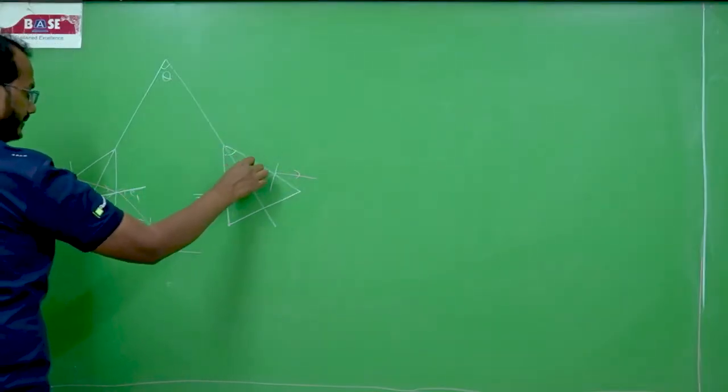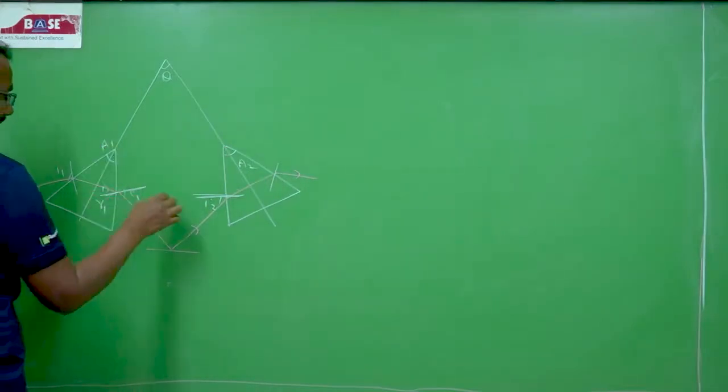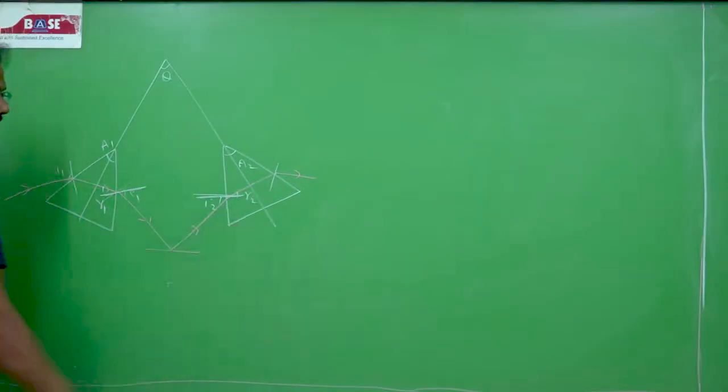It is A2, it is A1. Suppose it is R1 and it is R2.